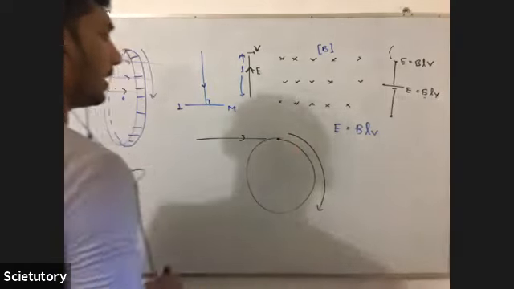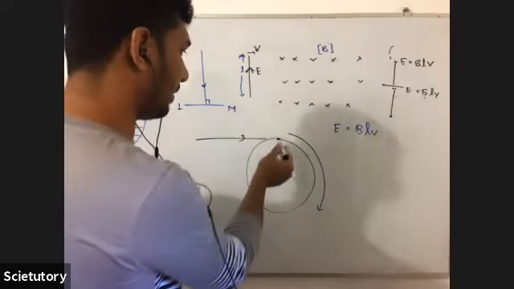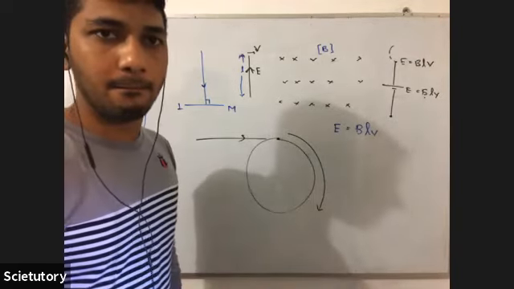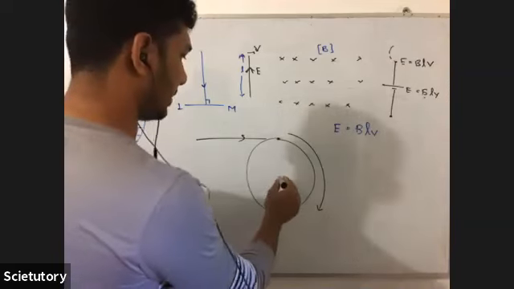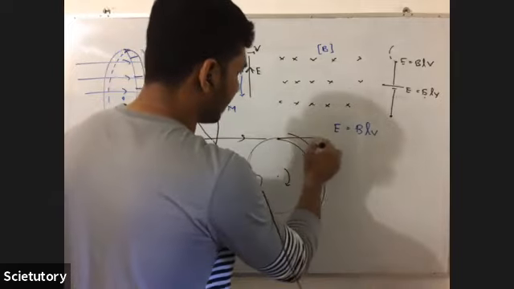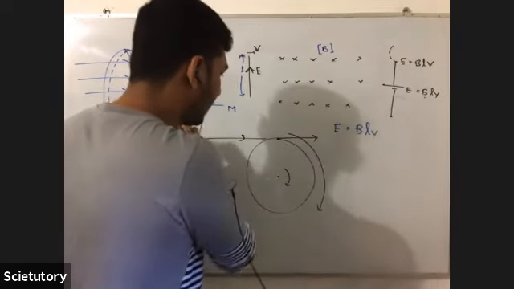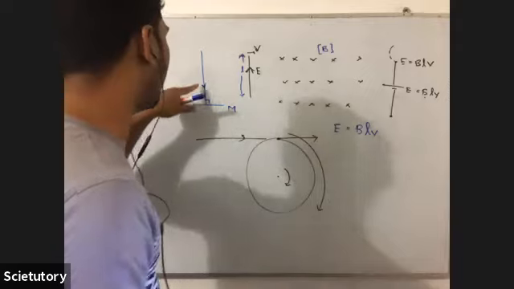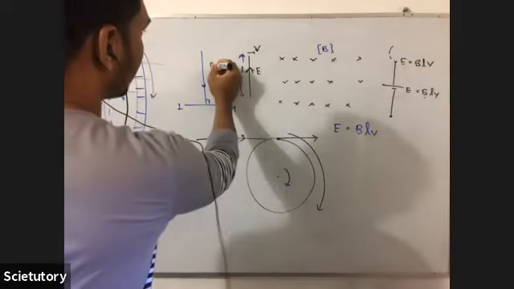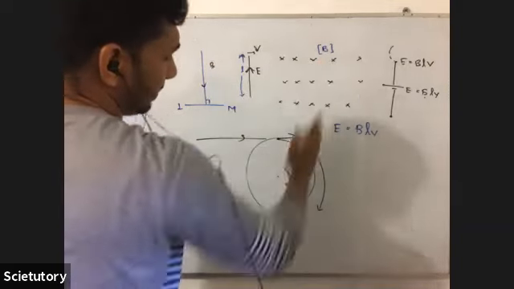So what can you say about the movement? Is it perpendicular to the direction? The tangential velocity is along the direction of this B, magnetic field line. So it's not actually perpendicular like this.